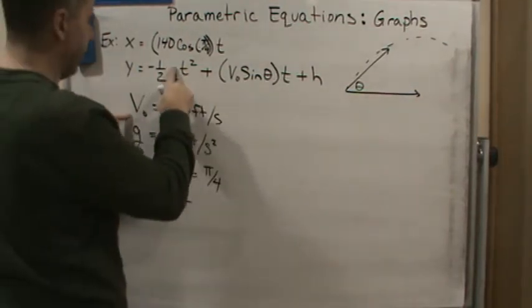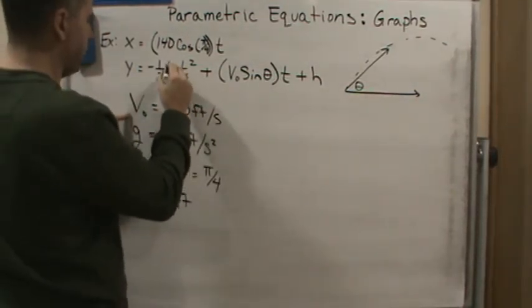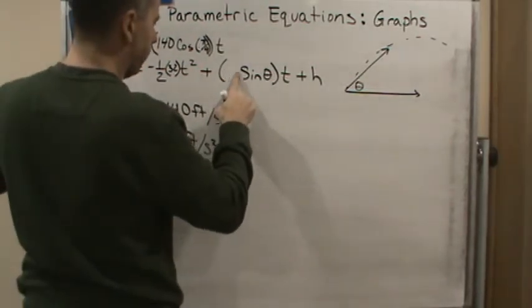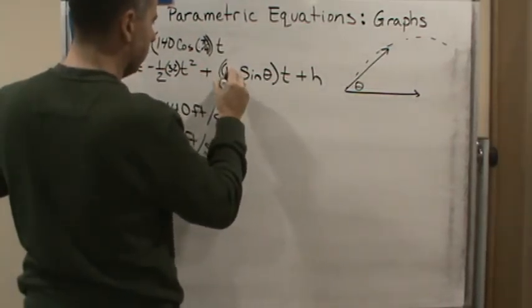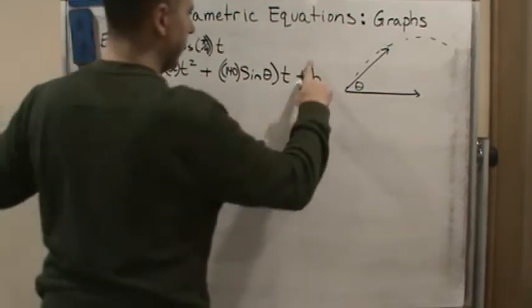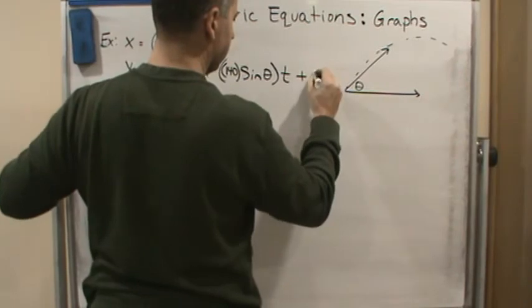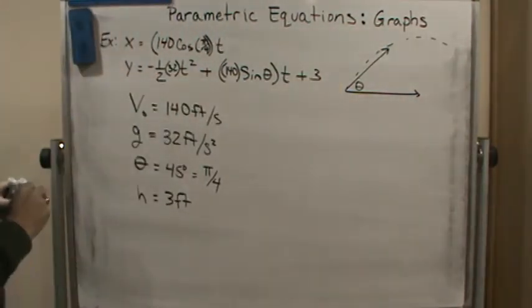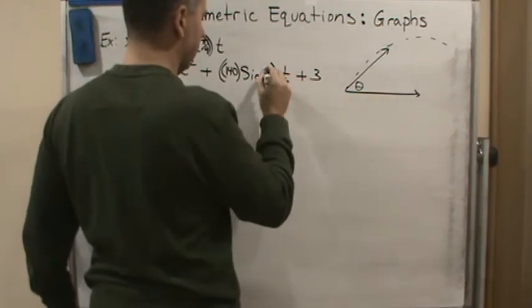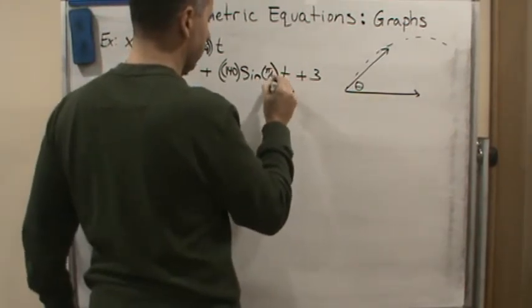And then g here's 32. We're going to put in 32 feet per second squared here. And then, of course, this is 140. Okay, and then h is 3. I think that's it. I think we got everything. Oh, of course, this is pi over 4.